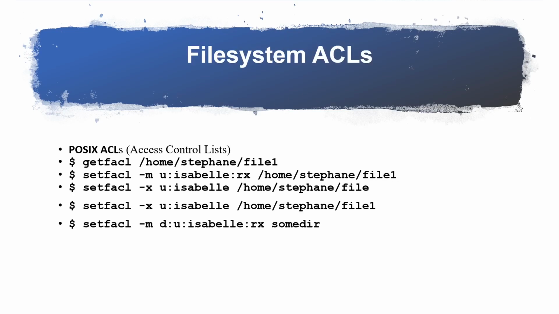File system ACLs. POSIX ACLs, access control lists, extend the simpler user, group, and world system. Particular privileges can be granted to specific users or groups of users when accessing certain objects or classes of objects. Files and directories can be shared without using 777 permissions.